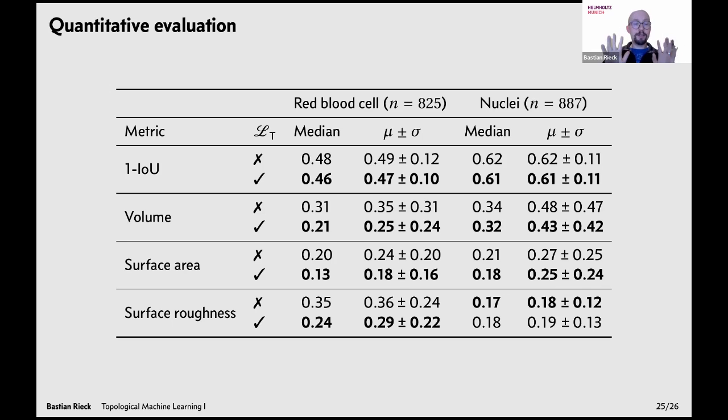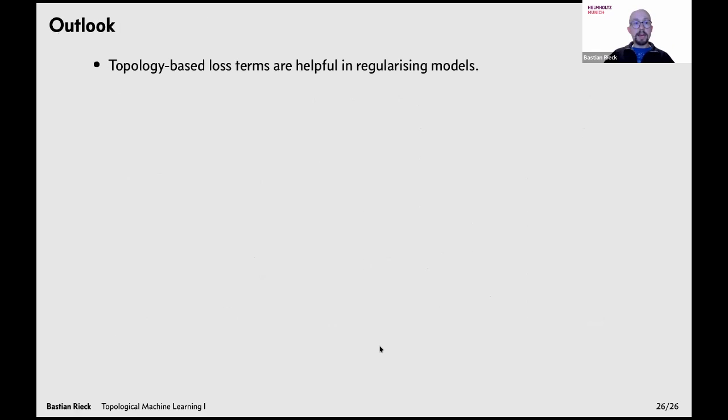Now, that's of course not always the case, but since we can control the volume size and so on, and the calculation of the persistence diagrams, we actually end up not making the model substantially slower by adding this additional loss term, but we gain a lot from it, as you can see from these results. Now, that brings me to the end of this lecture.